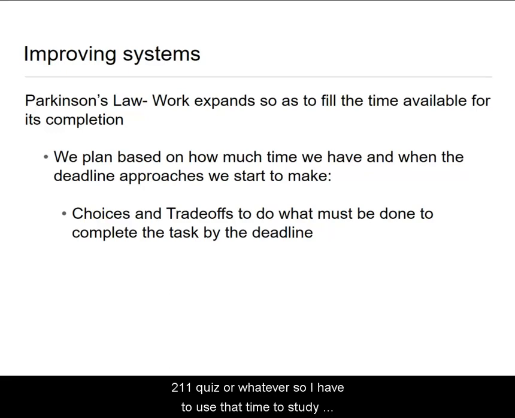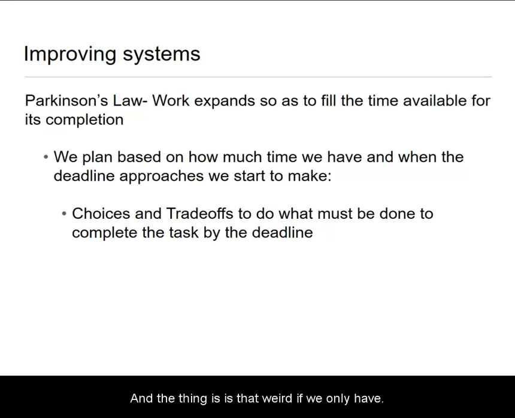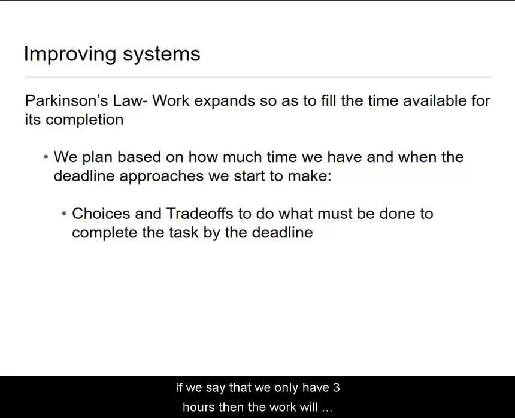I have to use that time to study for the 320 quiz. You have to decide to do what you need to do by the time you're given. And if we say that we only have 3 hours, then the work will expand to those 3 hours.